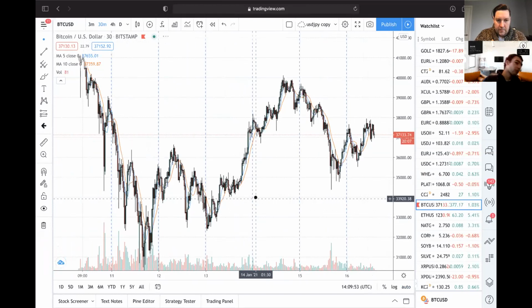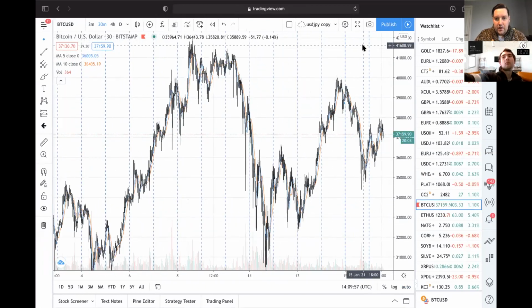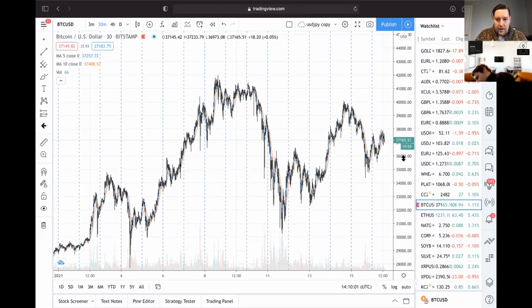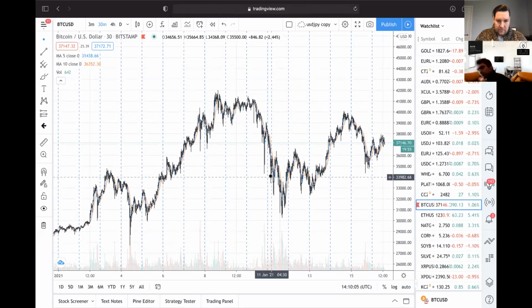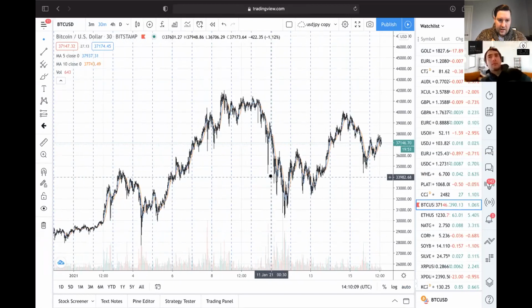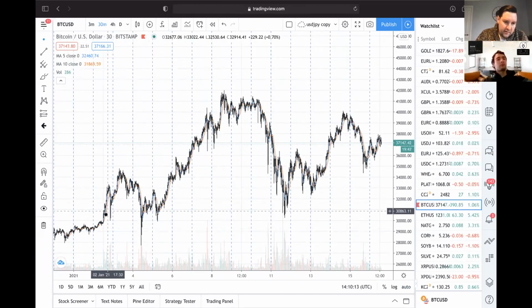Yeah, there we go. So obviously on the daily, we've been looking at Bitcoin and it's been going up. But what we want to look at when we're trying to enter a trade and exit a trade is smaller timeframes, really. And we can see here that we're having our higher highs and higher lows, and suddenly we start coming down.